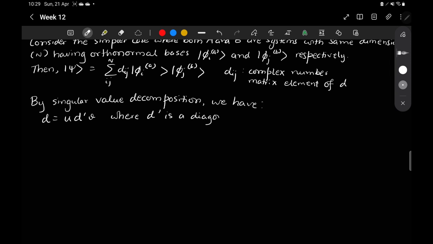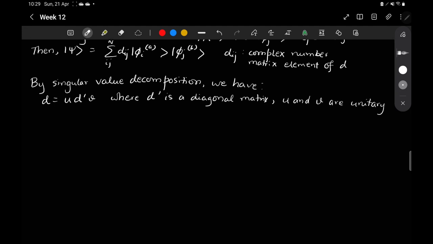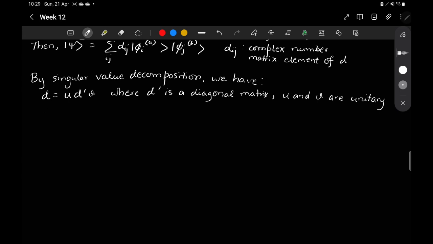This is the singular value decomposition. And U and V are unitary matrices. So let us now look at psi once again. So D we are replacing with this, and this is the matrix multiplication.